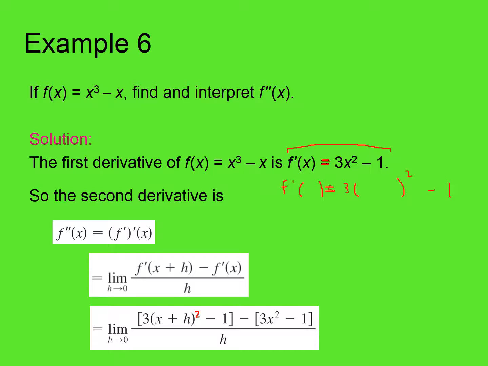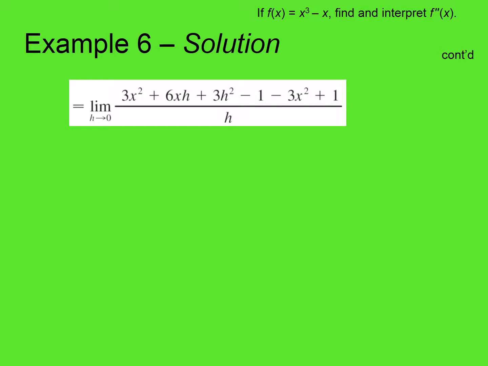Well, at this point, it's pretty straightforward work. Okay, so doing the squaring and distributing the 3, we have 3 times the perfect square trinomial, x squared plus 2xh plus h squared, right? That's what we had up here.